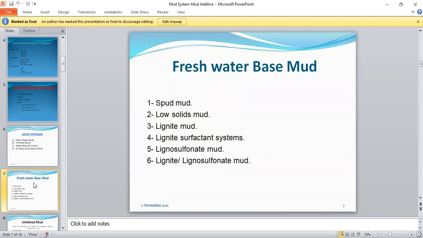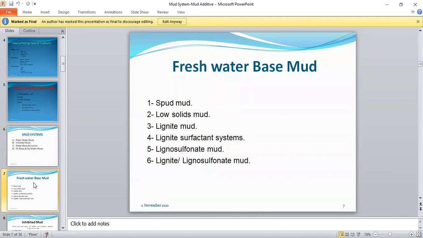From our introduction, it says that simple mud systems are converted to complex mud systems as the well deepens, and as temperature increases, pressure increases, and the geological formation differs. So as you start with your spud mud and start drilling deep, it may become low solid mud, depending on the area you're drilling.